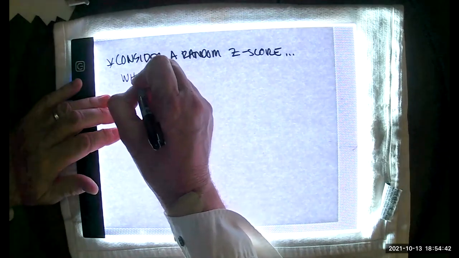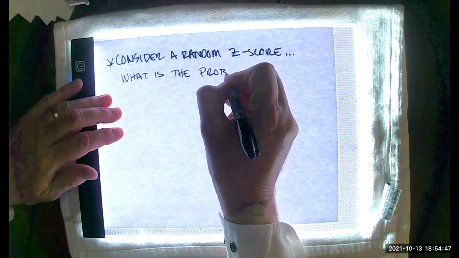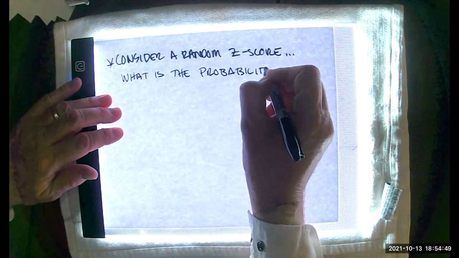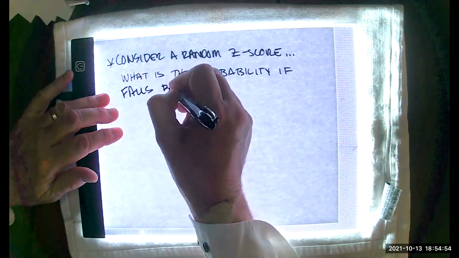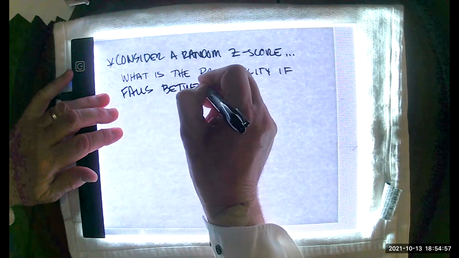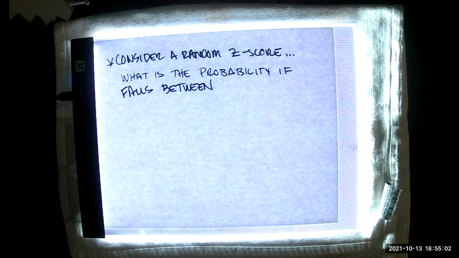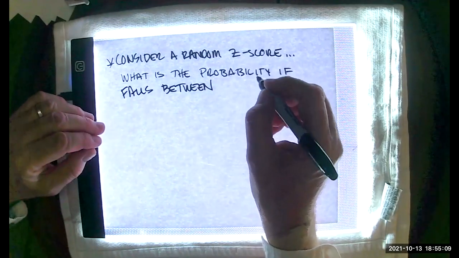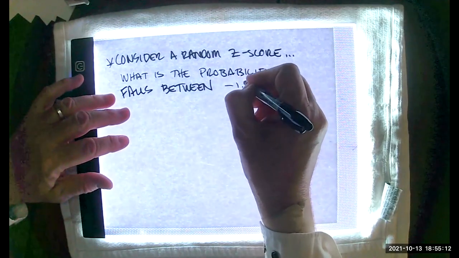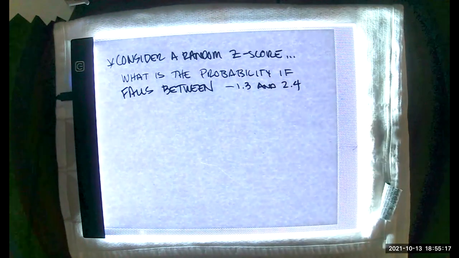What is the probability it falls between, and in this case, believe it or not, it makes no difference whether we include the endpoints. Usually I don't bother including the endpoints here, but in any case, between, let me pick some weird kind of values, -1.3 and 2.4.